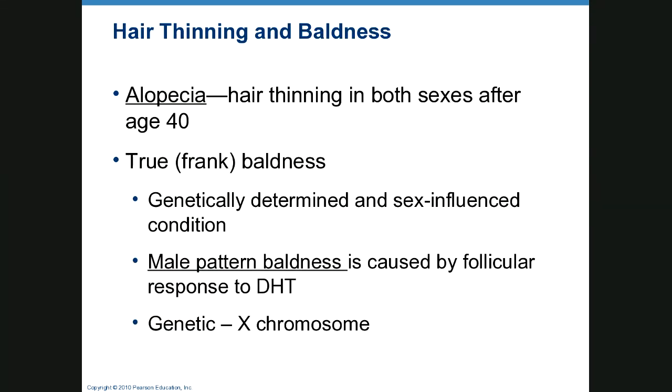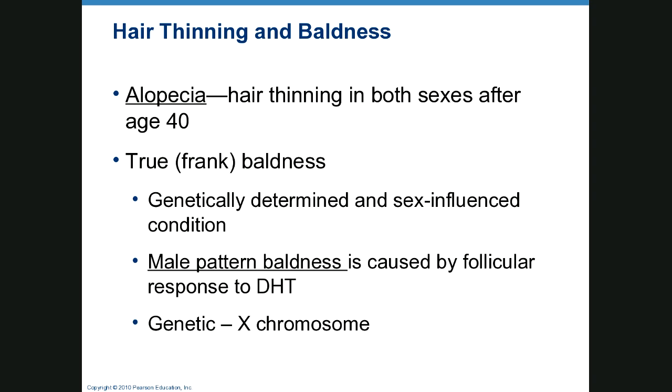Alopecia is hair loss. Now, the book talks about it. They seem to only be talking about frank baldness, and then they consider that male pattern baldness. But alopecia just means hair loss. It could be caused by hormonal imbalance.